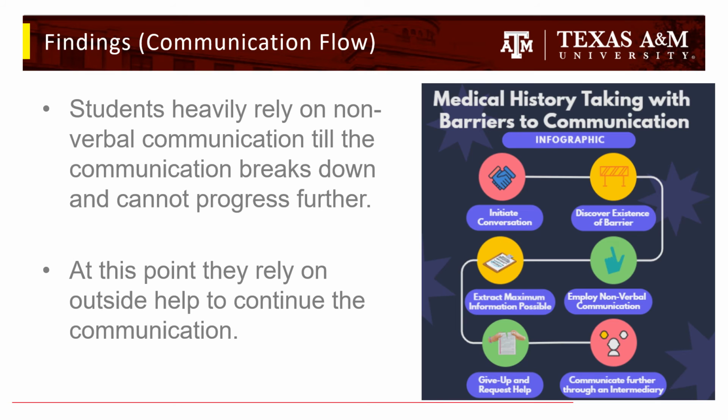Upon finding such a thing, the doctors start using nonverbal communication to try and gather as much information as possible. And then once they realize that more information cannot be gathered, at this point they are forced to give up and seek help from third parties, such as family members of the patients accompanying them or other doctors and nurses. And through the help of these intermediaries, they are able to further gather information.